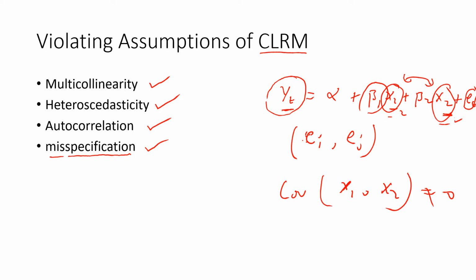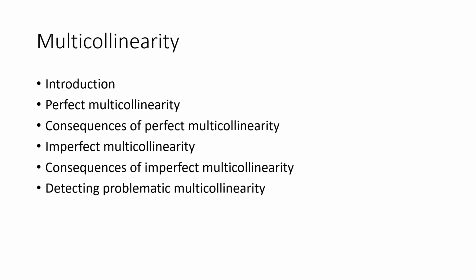This linear relationship can have two forms. One form is called perfect multicollinearity, and the other is called imperfect multicollinearity. In this lecture we are going to discuss perfect multicollinearity and its consequences. Here we have the sequence of this lecture, the contents.